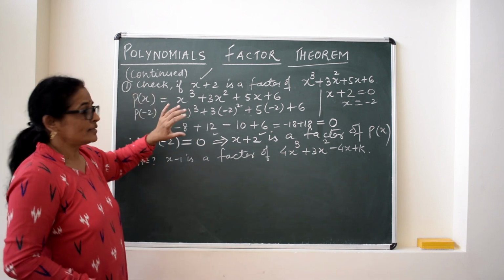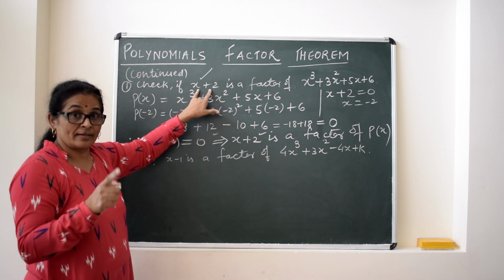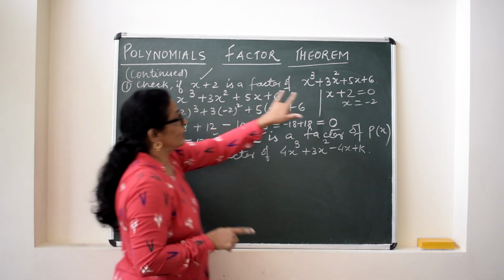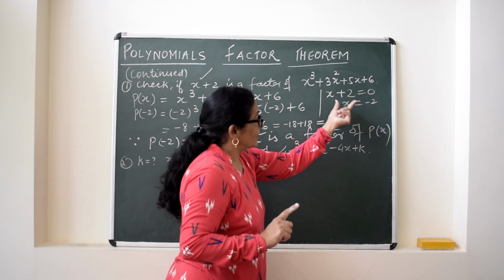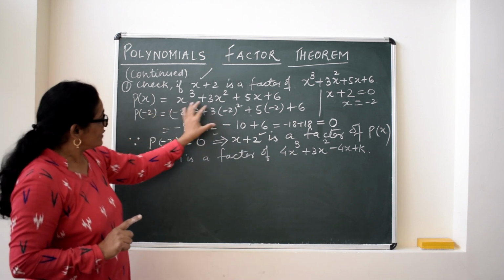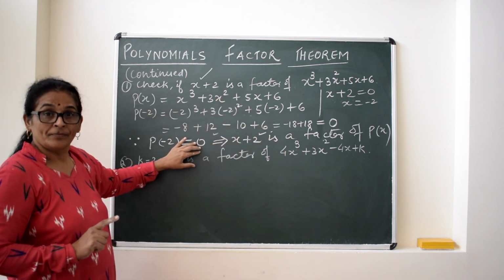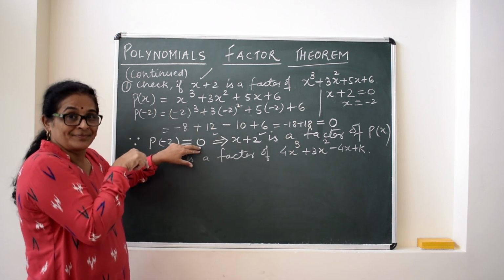So the method is, whichever given polynomial has to be checked whether it is a factor, you equate the factor to 0 to get the value of x, and that will be substituted in place of x. If that is giving us 0, it means we are actually using the remainder theorem over here, to see what the remainder will be.